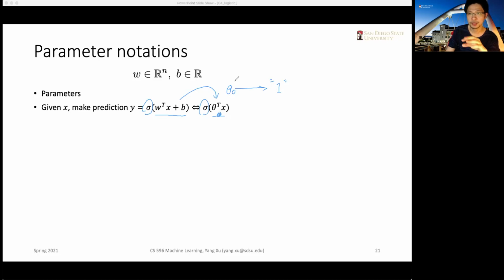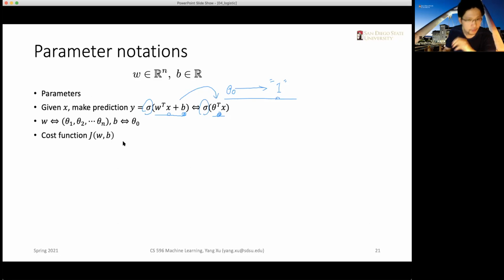But we want to get rid of this theta 0 because we don't want to add an additional row as an all-one feature. We just use a bias term to indicate that parameter. So b corresponds to theta 0 and w corresponds to theta 1 to theta n.